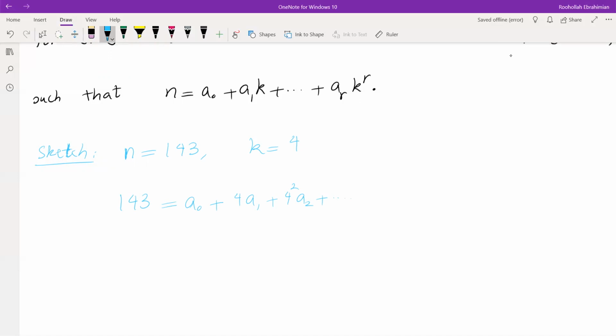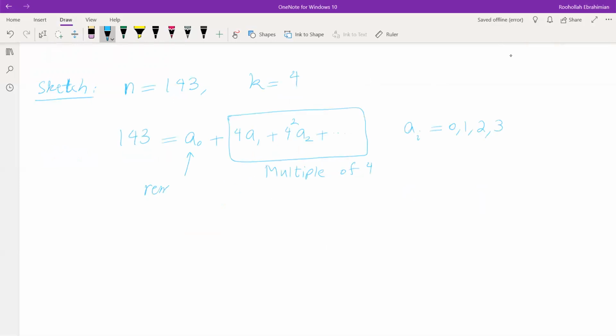After pondering a little bit, we realize that, since all of the ai are 0, 1, 2, or 3, this portion is a multiple of 4, which means this guy is the remainder when you divide 143 by 4.